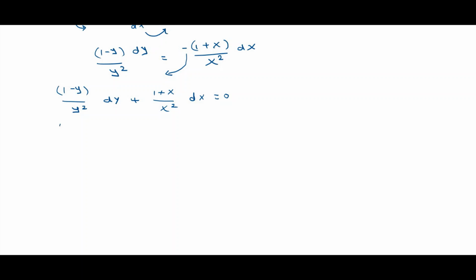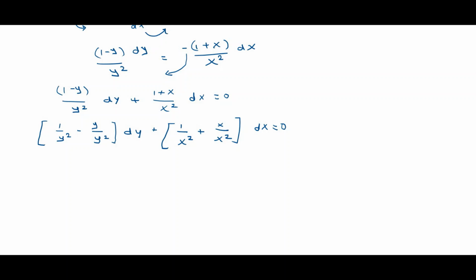So the same term we can write as (1 divided by y square minus y divided by y square) dy plus (1 divided by x square plus x divided by x square) dx is equal to 0.